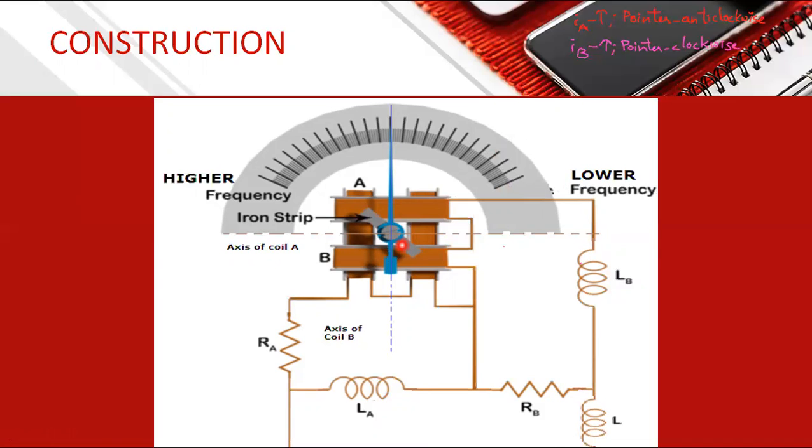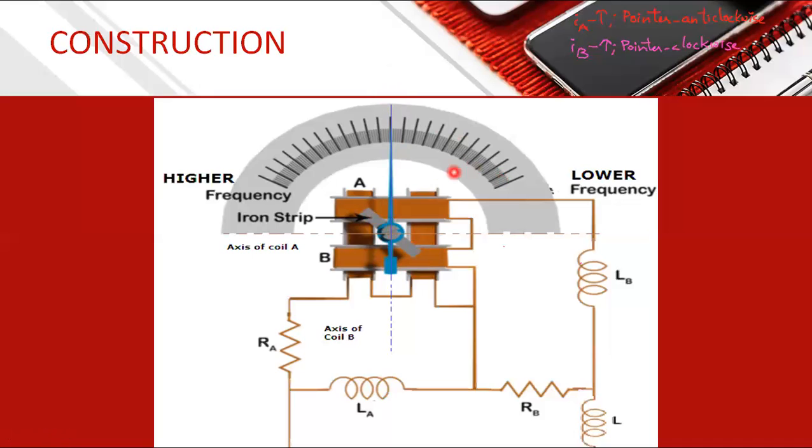So there is no difference between the magnetic field strengths or the currents, and hence there won't be any change in position of iron strip. So your needle will show only the central point, and this will be showing normal frequency, which is 50 in India.